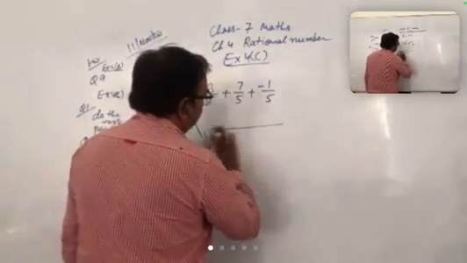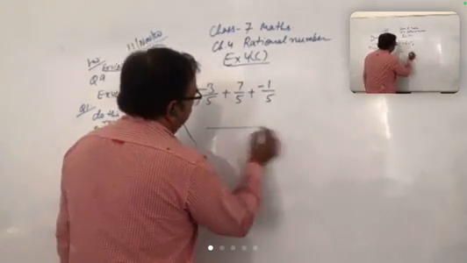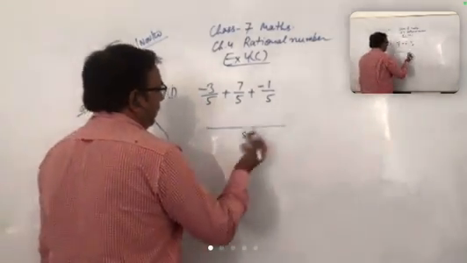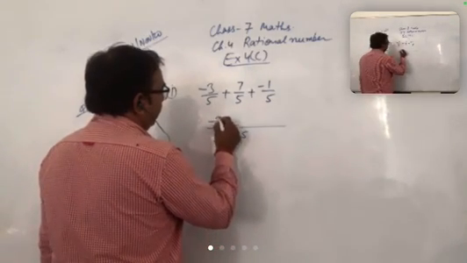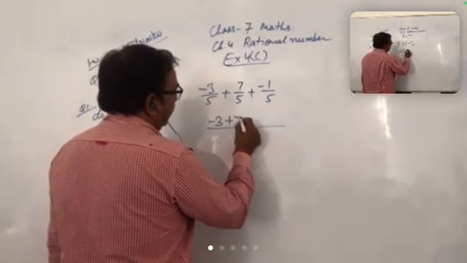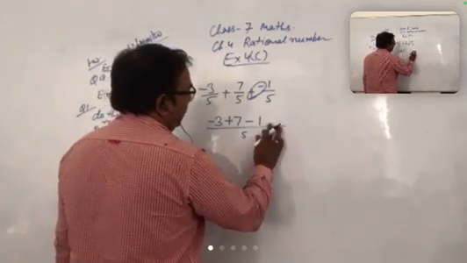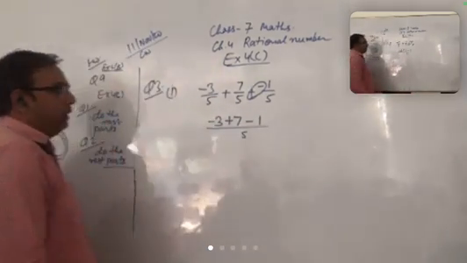We just write 5 as the common denominator or LCM. Now we write minus 3 plus 7, and plus minus is minus, so we write minus 1.